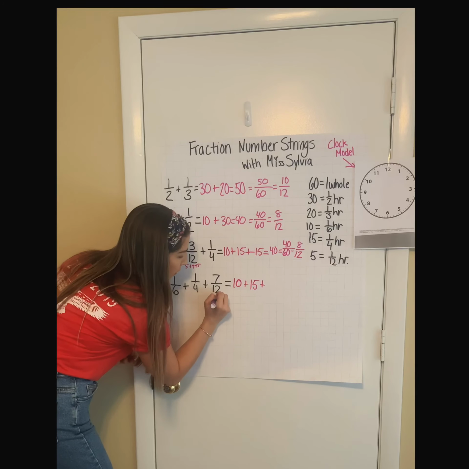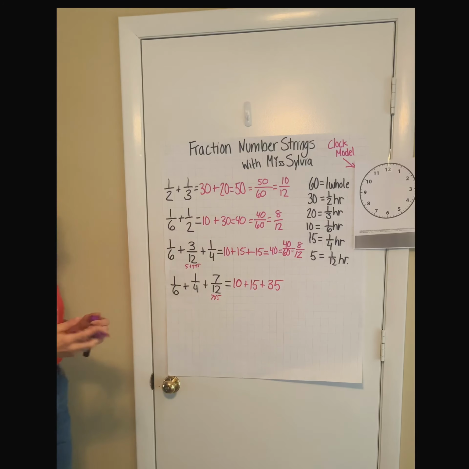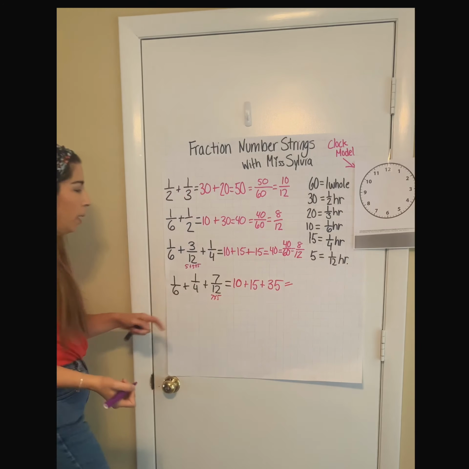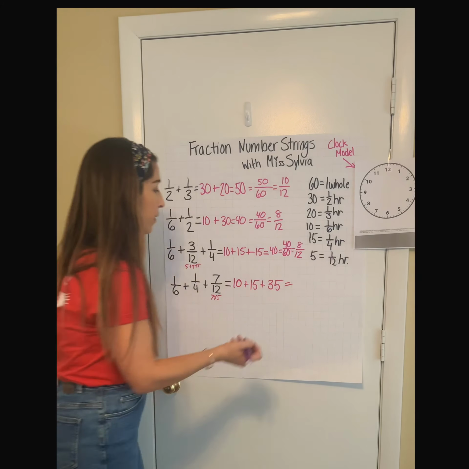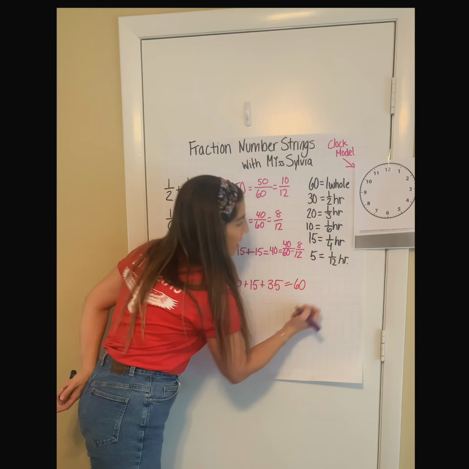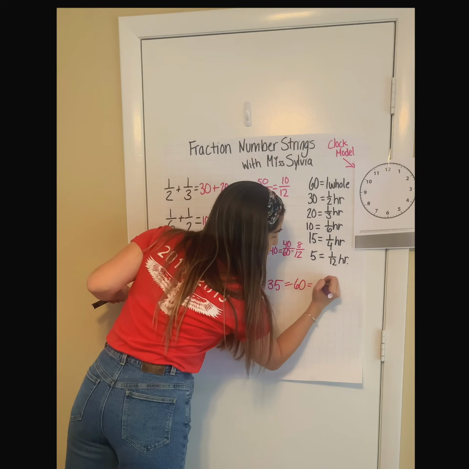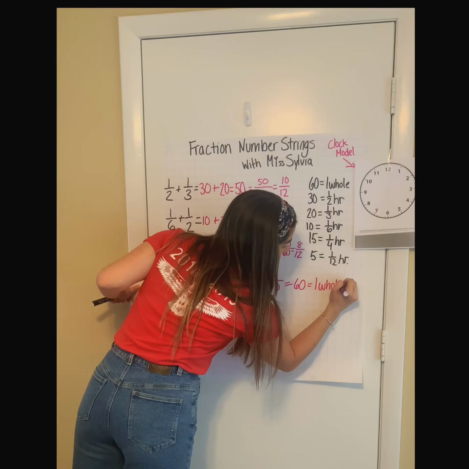So we could do 7 times 5, which would equal 35. If we add all of these up, 10 plus 15 is 25, and 25 plus 35 is 60. And as we know from our key, 60 is 1 whole. So 60 is equivalent to 1 whole hour.